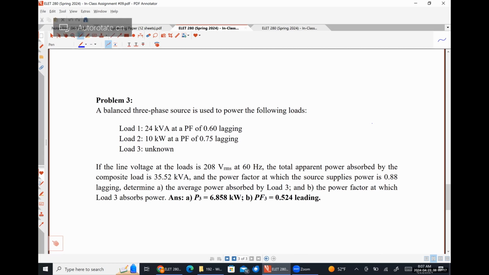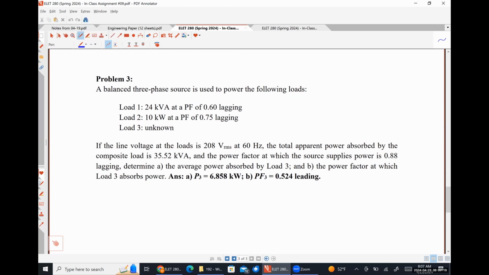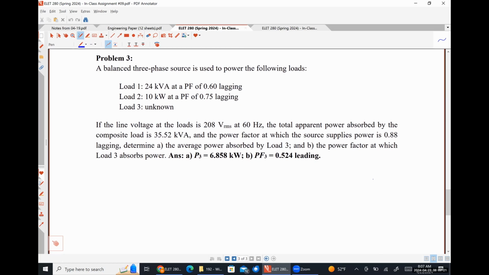So for this particular problem, we are told that we have a balanced three-phase source powering 3 loads, one of which is drawing 24 kilovolt amperes of apparent power at a power factor of 0.6 lagging. We have a second load that's drawing 10 kilowatts of average power at a power factor of 0.75 lagging. And then we have an unknown third load.